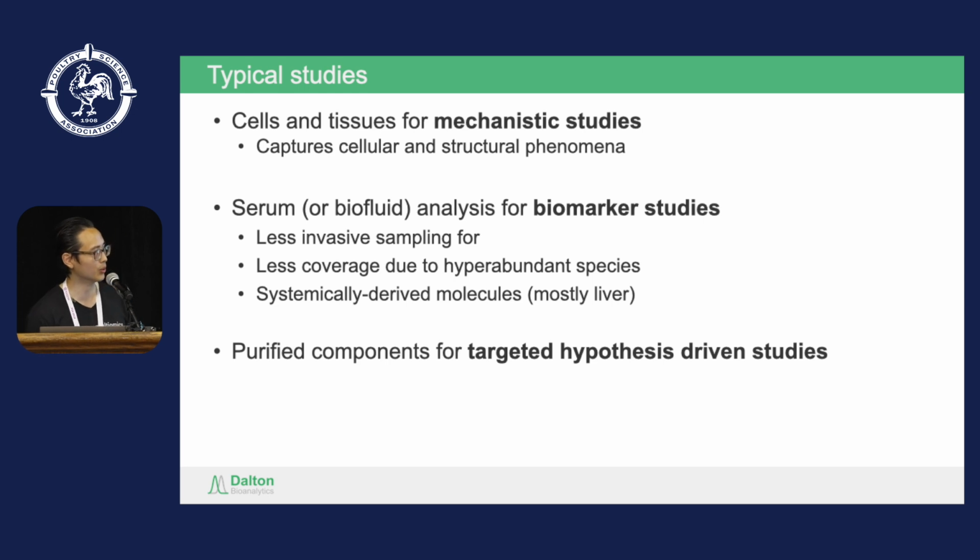The coverage here is lower, but the benefit is you can sample the animals or people without killing them, right? And then finally, if there's some purified components, let's say you're interested in a mitochondrial phenomenon, then you can send us or send a mass spec core your mitochondrial preps, and they'll analyze that for you.